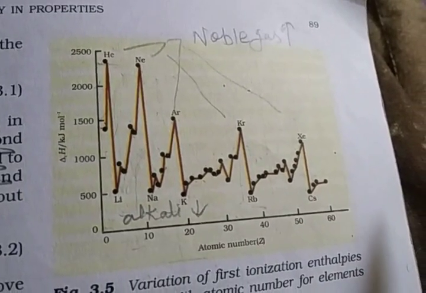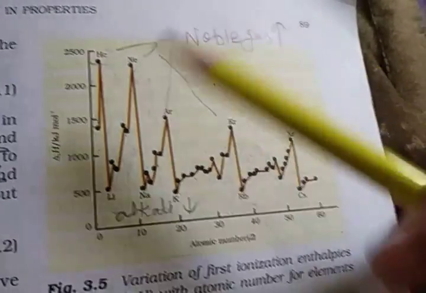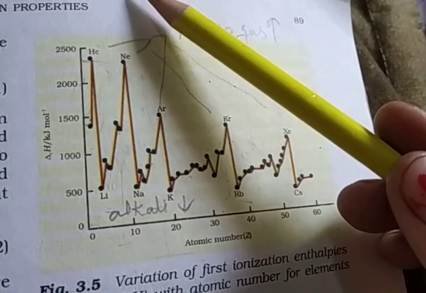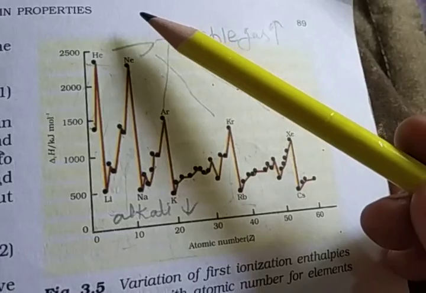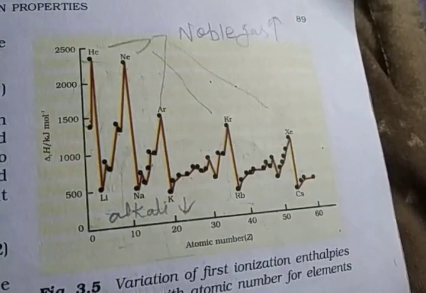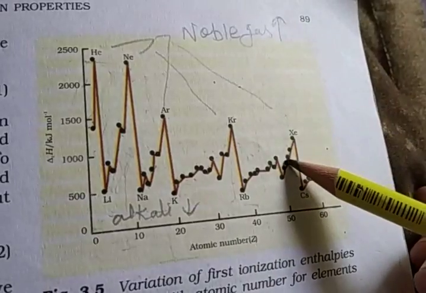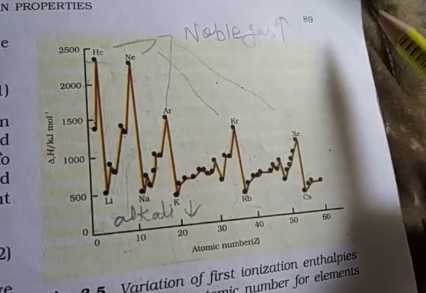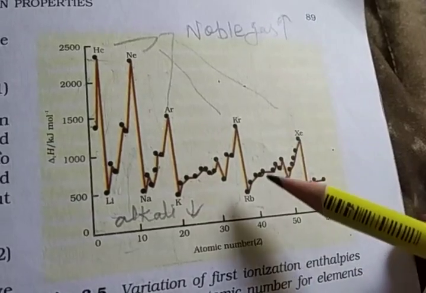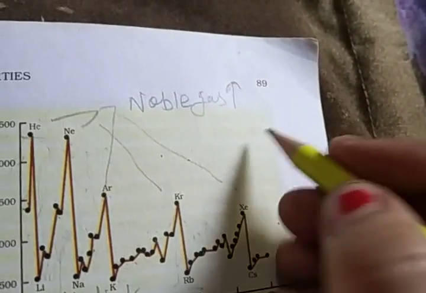So there are two trends. The first ionization enthalpy generally increases across a period and decreases on descending a group. In a group, the size increases, so ionization enthalpy decreases.